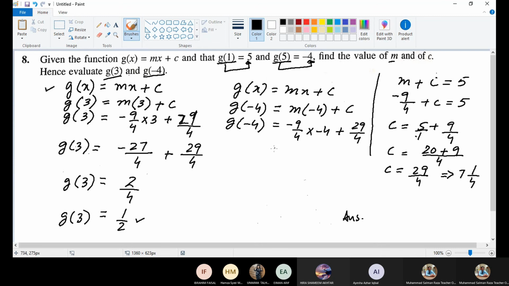This is going to be 36 over 4 plus 29 over 4. When I add them both, 9 and 6 is 15, 3 and 2 is 5, and 1, that is 65 over 4. So it is going to become 4 ones are 4, and 2 will be transferred over here, so 4 sixes are 24. 16 and 1 over 4 is the value of g of minus 4.